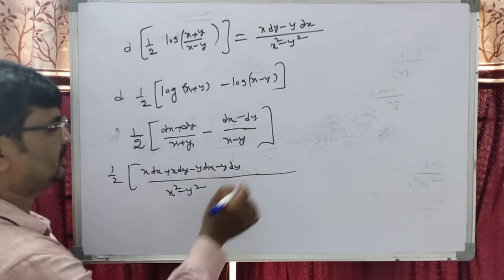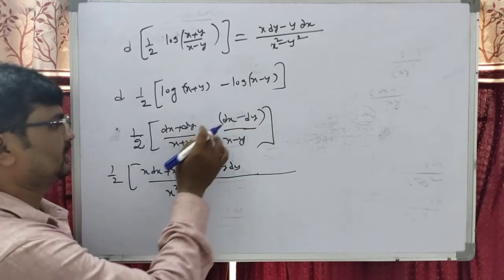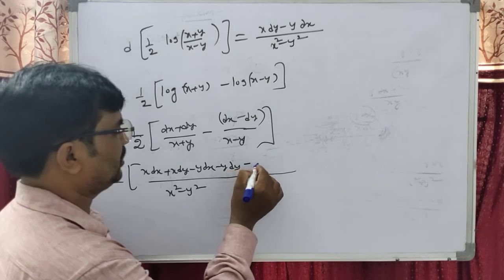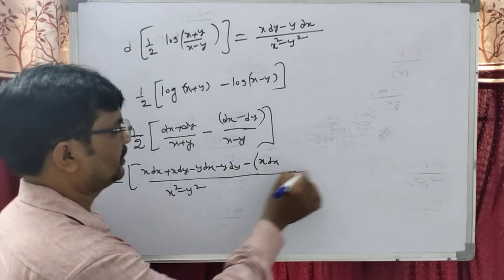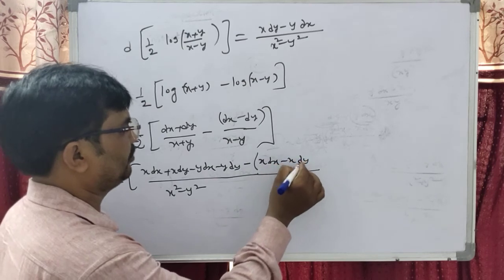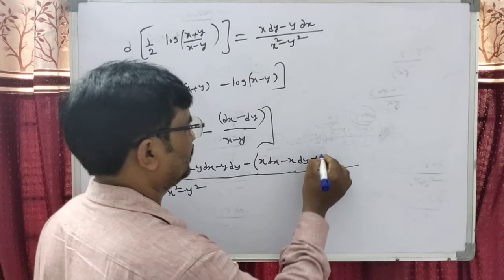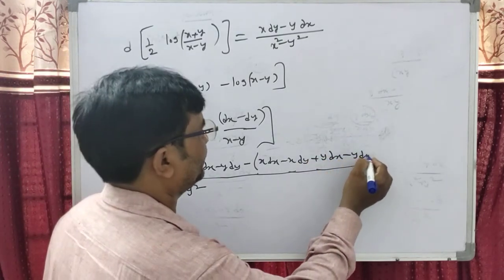Now the first multiplied with x gives minus x dx minus x dy. After that we multiply with y: y dx minus y dy.